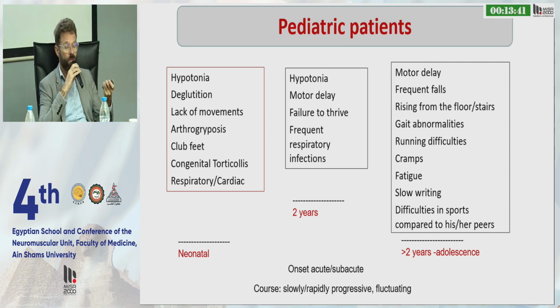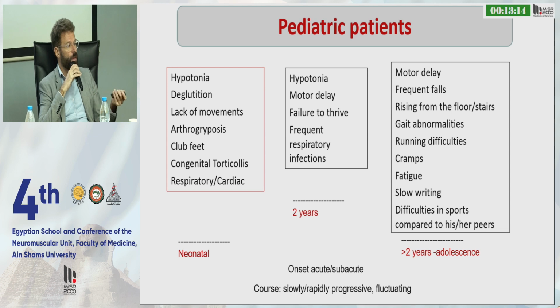When they fall, you always need to ask if they are able to rise up unaided or not, because this is another sign of motor weakness, particularly proximal motor weakness. So the rising from the floor, gait abnormalities, walking on tiptoe with Achilles tendon retraction.